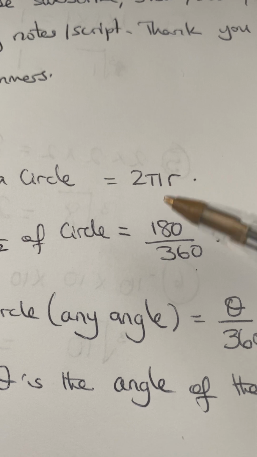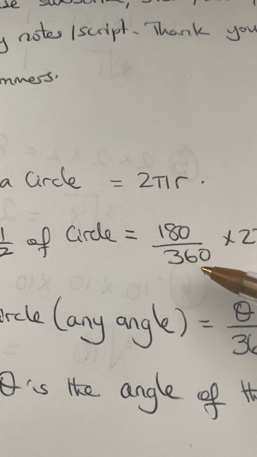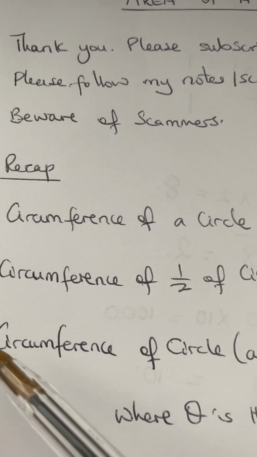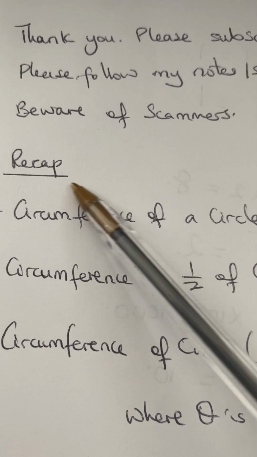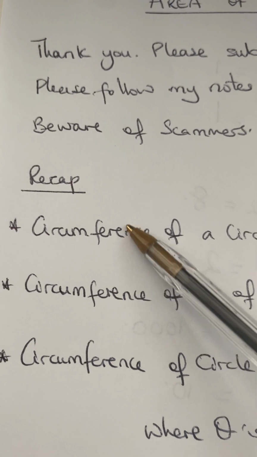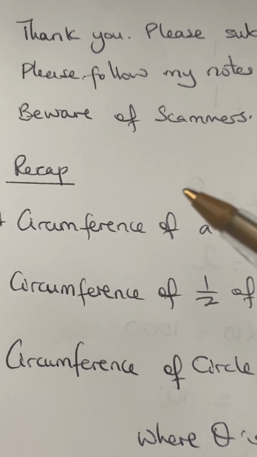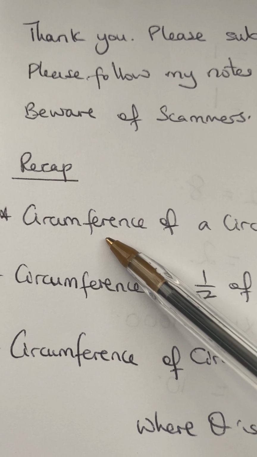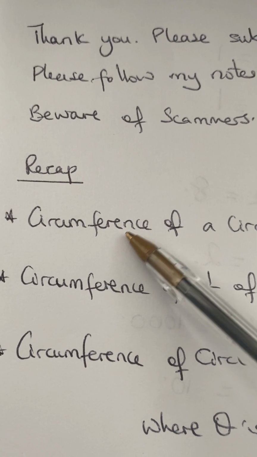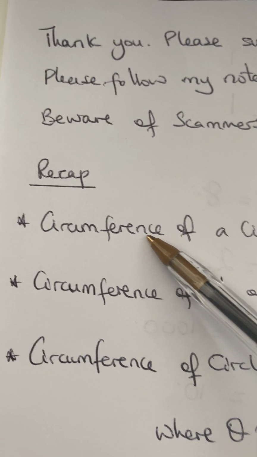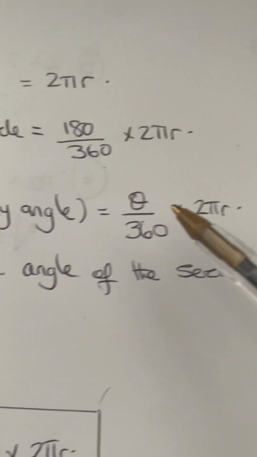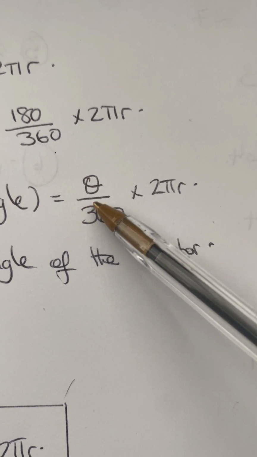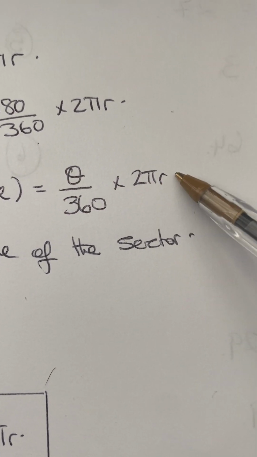I normally write notes in the comment section, so please follow my note and script. For instance, this is 180 over 360. Here I'm talking about the circumference, so if I accidentally say area, I mean circumference. This is theta, which is the angle, and that is 2 pi r.